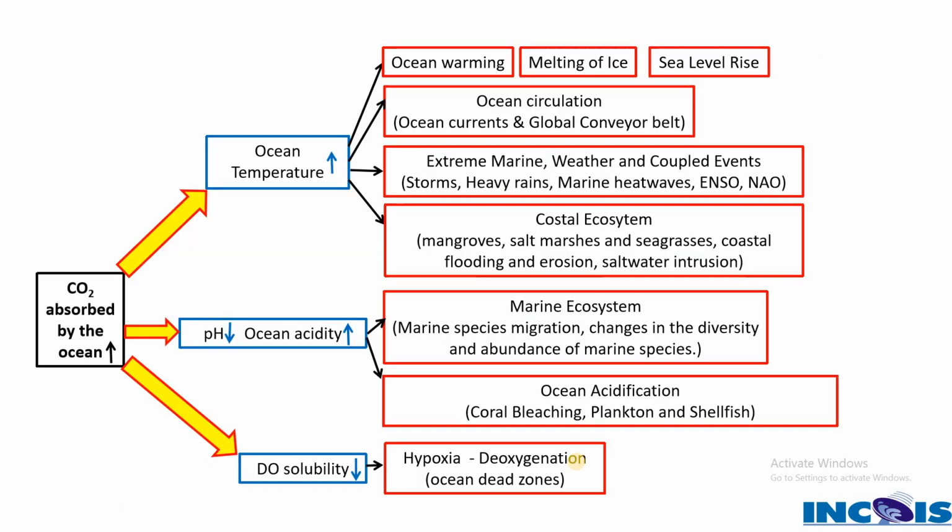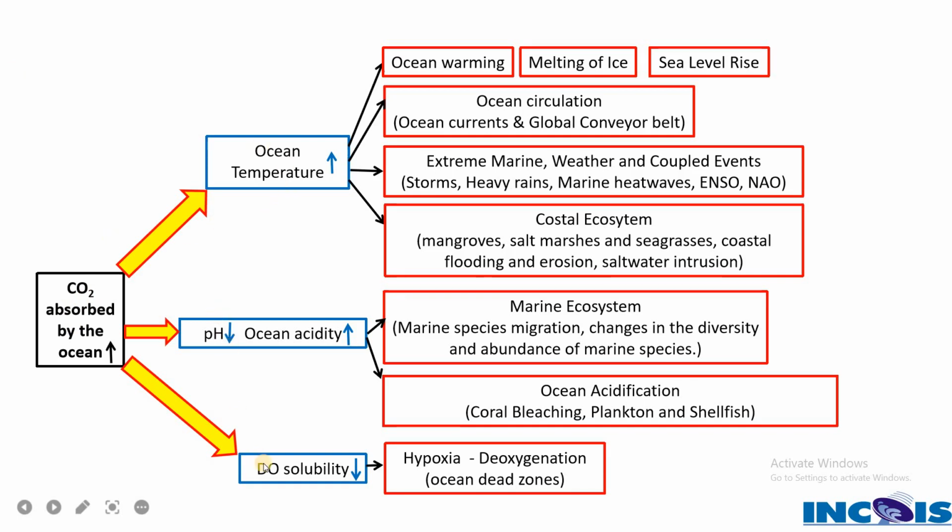So coming to the ocean's perspective, as I told already, among all greenhouse gas emissions, carbon dioxide is the most important gas among all. Since we humans or other natural sources are the sources for these greenhouse gases, who will be the sink?